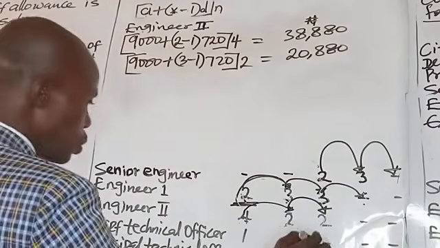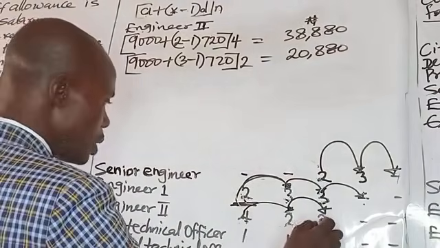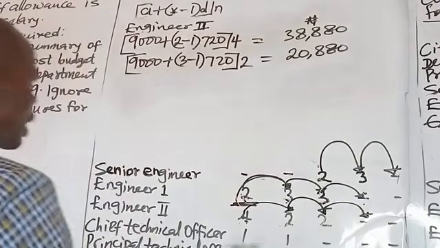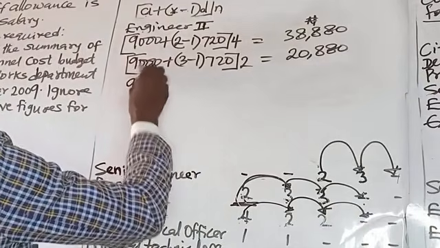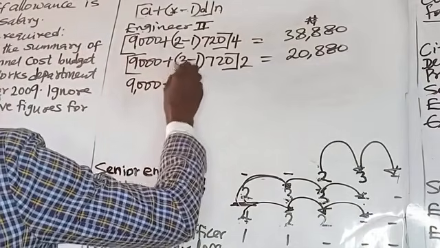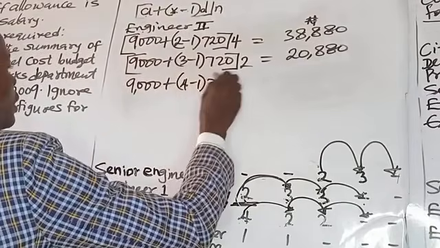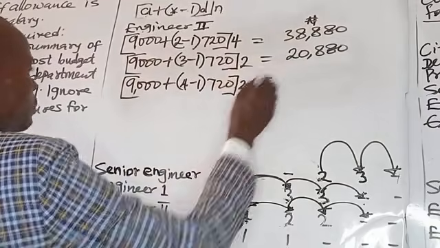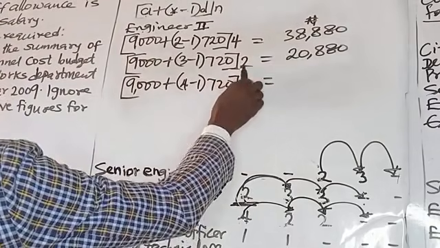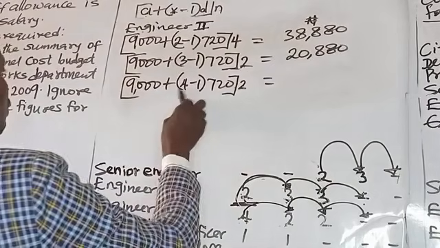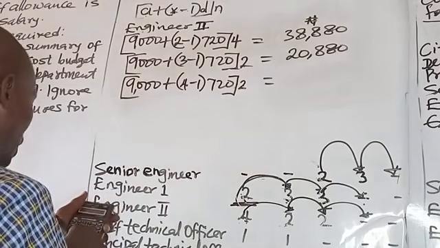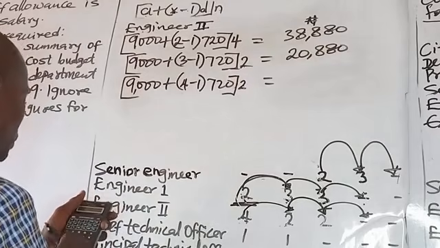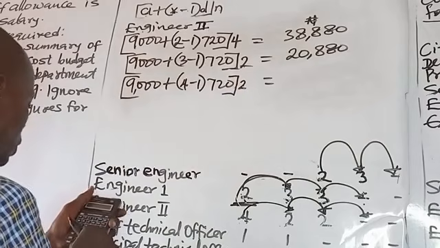Then 2 were also in step 3 and they are now moving to step 4. Let's calculate for them. We have 9,000 plus step 4, 4 minus 1 into 720. And they are 2 in number. 4 plus 2, 6 plus 2, that is 8 employees. 4 minus 1, 3. 3 times 720, that is 2,160 plus 9,000, times 2 employees.